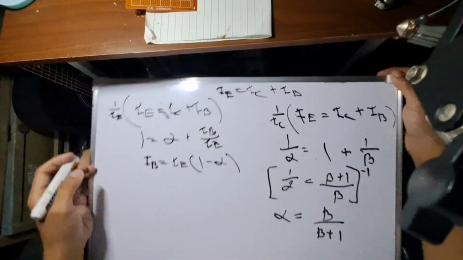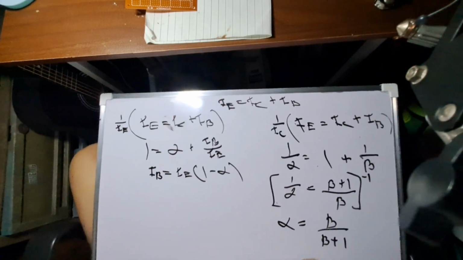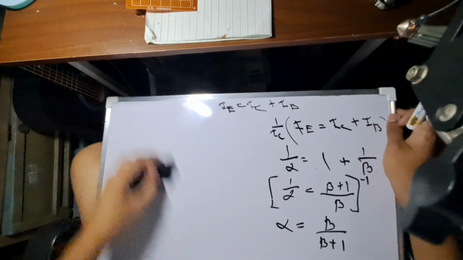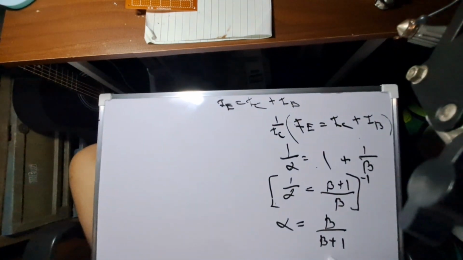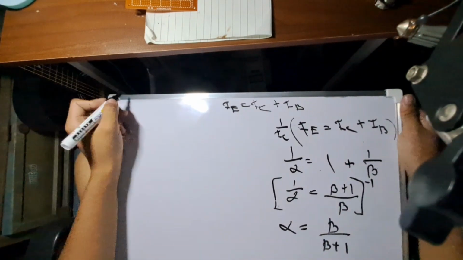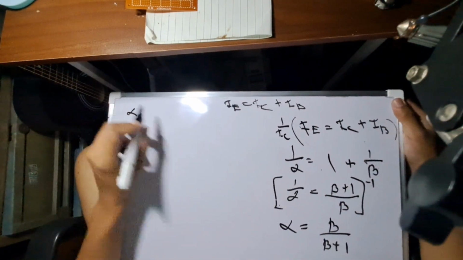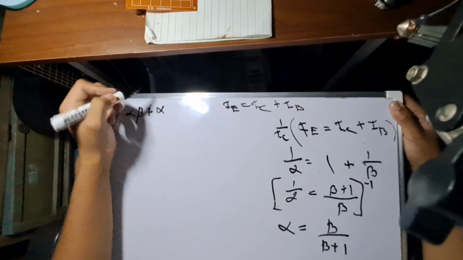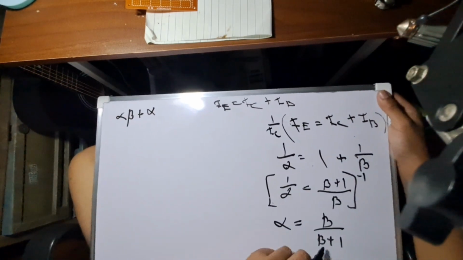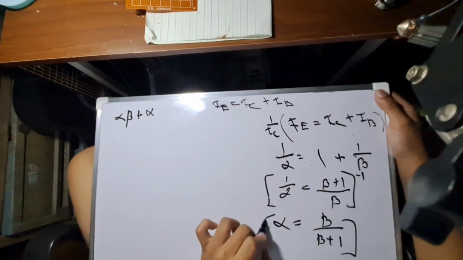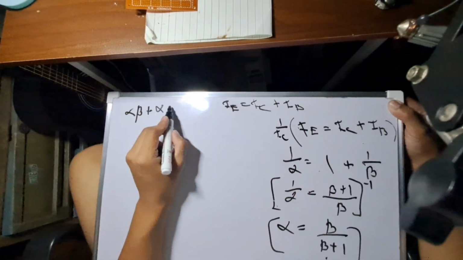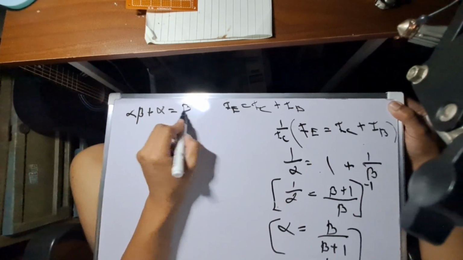So habang andito na tayo, i-derive na natin yung beta gamit to. First thing gagawin mo, multiply mo si beta plus 1. So we have alpha, distribute natin, alpha beta plus alpha is equals to beta.